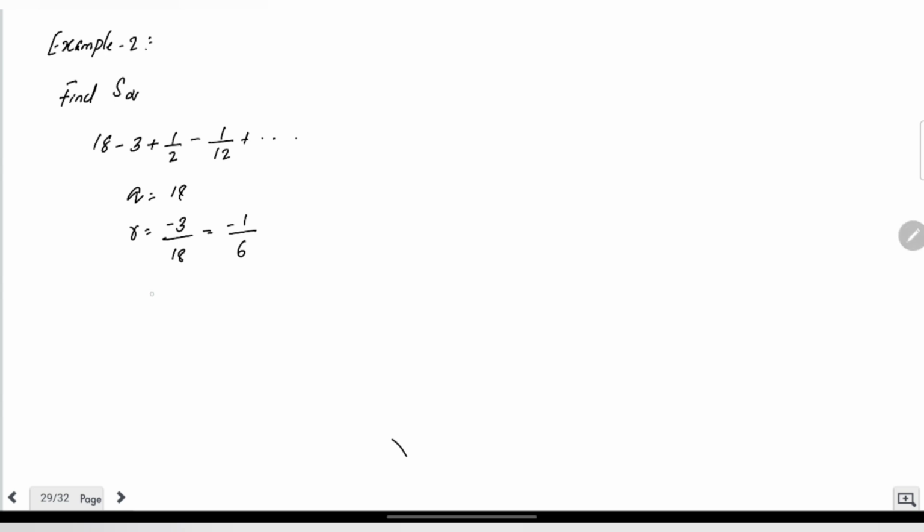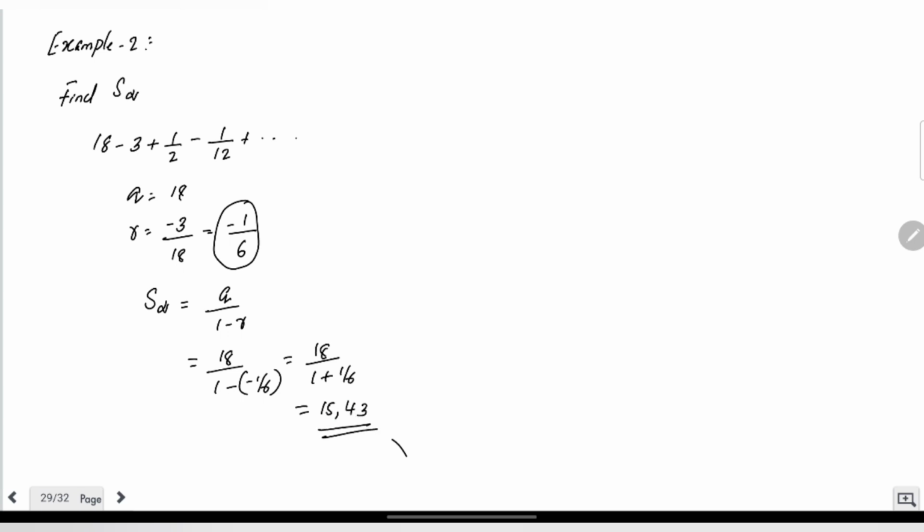So for the sum to infinity, what is the formula? Because this one is in between minus 1 and plus 1, it is obvious that we can apply the formula. Sum to infinity is a divided by 1 minus r. It's going to be a, which is 18, divided by 1 minus r, which is minus 1 over 6. It is going to be 18 divided by 1 plus 1 over 6. When you do this, the answer will be 15.43. So we are done. This is how we do this question. Go to the next example.